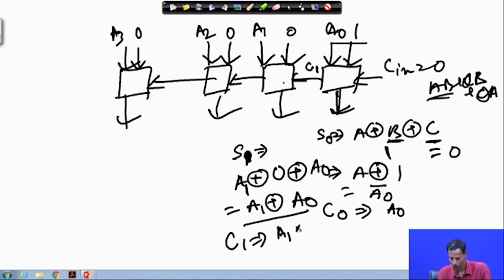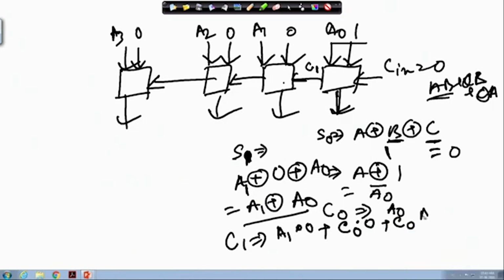A1 into 0 plus C0 into B, that is 0, plus C0 into A1. So, this is 0, this is 0, and C0 is A0. So, this is A0 into A1.